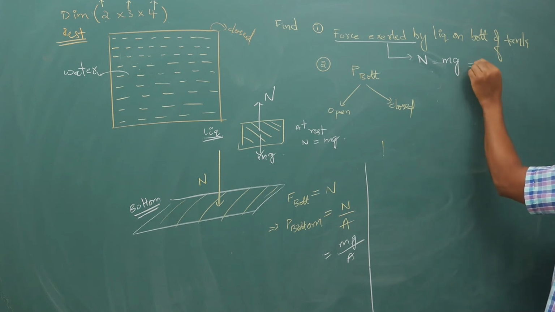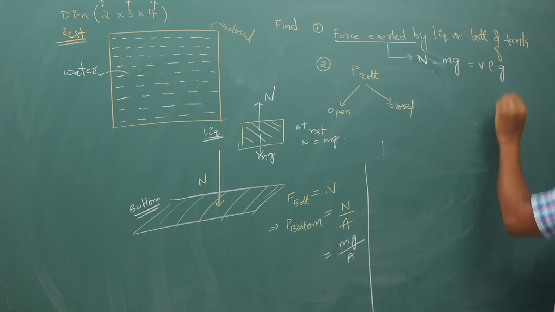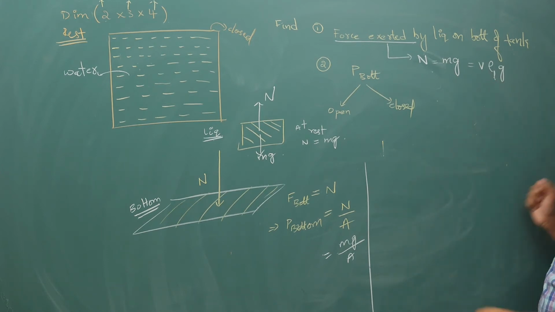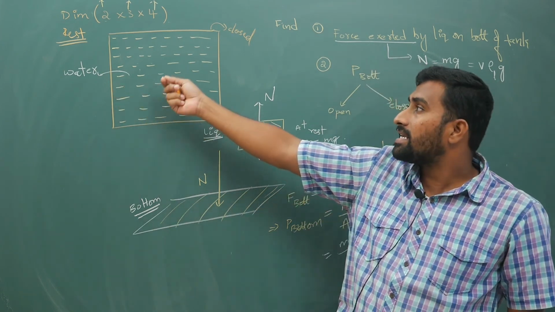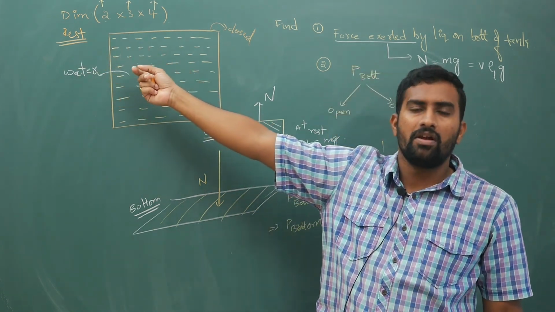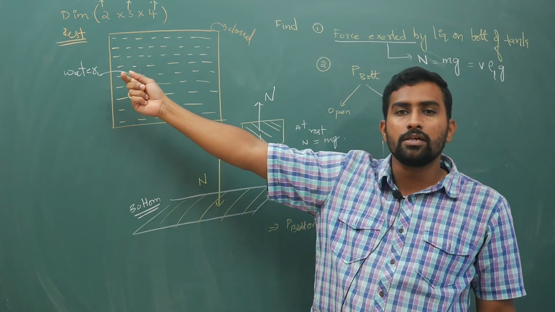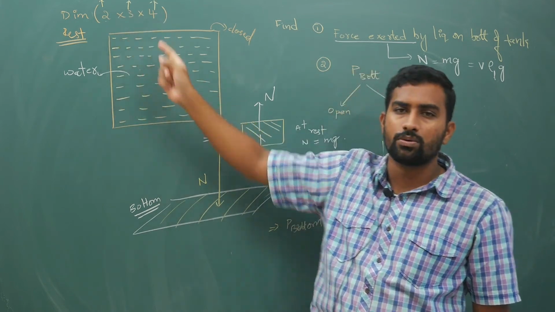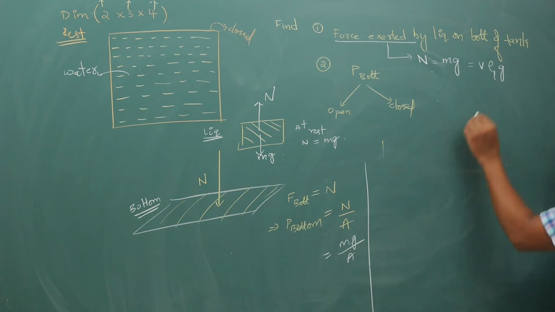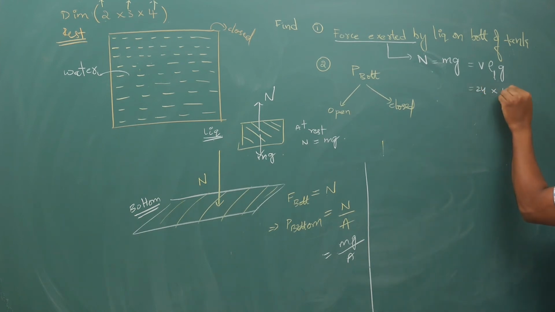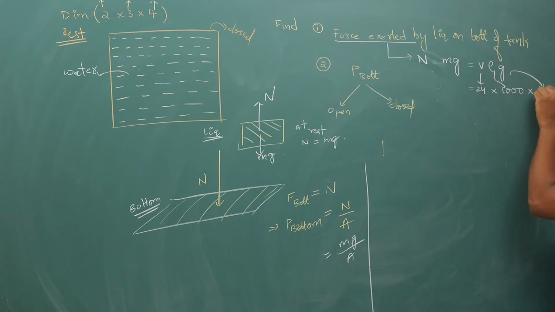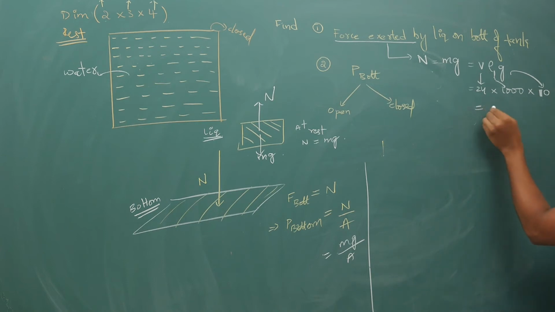Your mg is volume into density into g, right? Mass is volume into density. The volume is that of a cuboid, which is length into breadth into height. So 2 3s are 6, 6 4s are 24. So 24 meter cube times the density of liquid, 1000 kg per meter cube, times acceleration due to gravity g, which is 10. You are going to get your force in Newton.